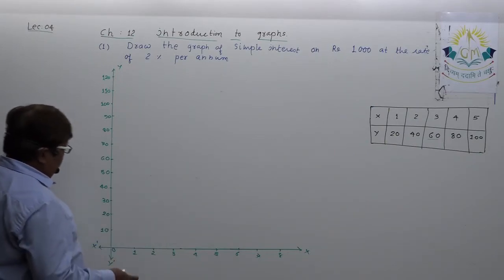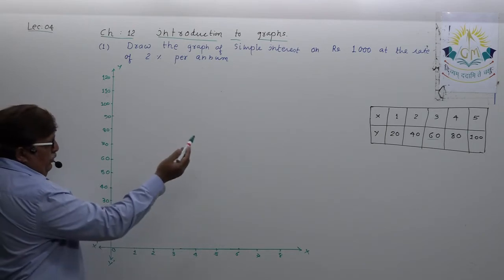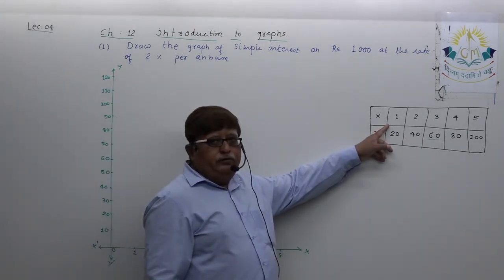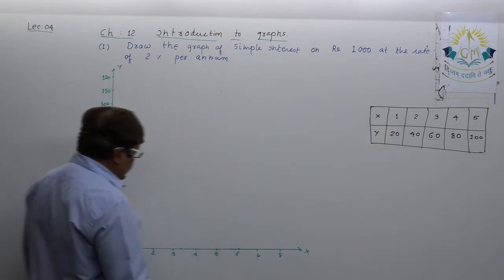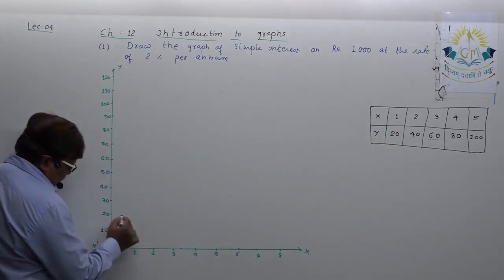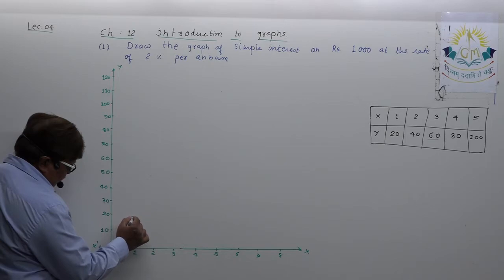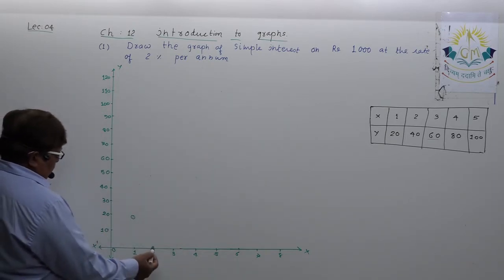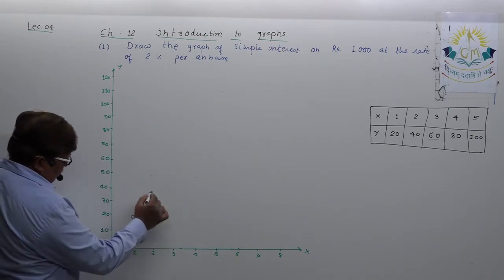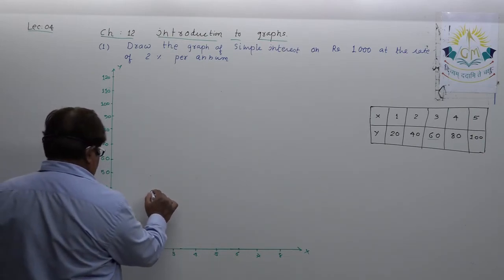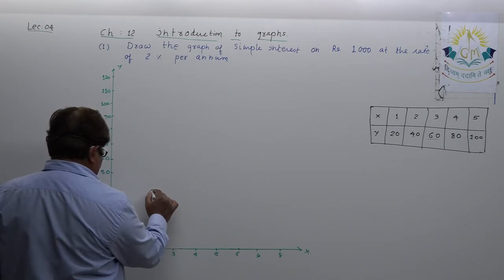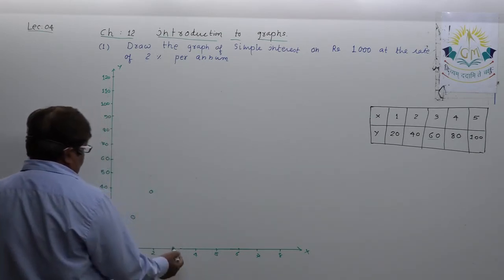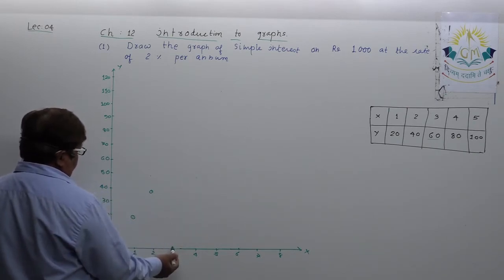After drawing this, let us mark the points. The first pair, X 1, Y 20, the first pair. X 2, Y 40, the second pair. No need for drawing the dotted line if you feel comfortable this way.